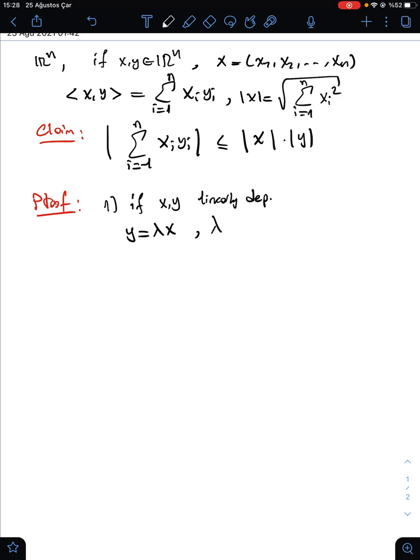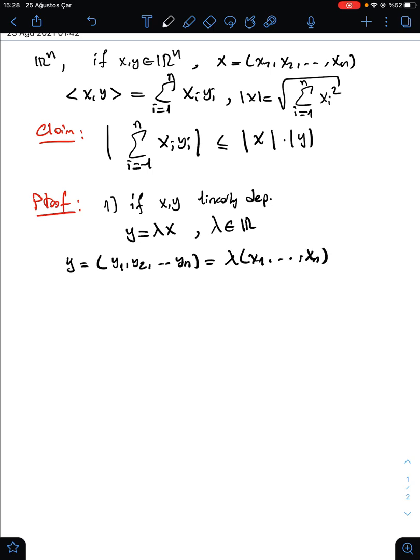So for some lambda in the scalar field, which is R in that case, then we are done, because then y is, remember the definition, lambda x1, etc.